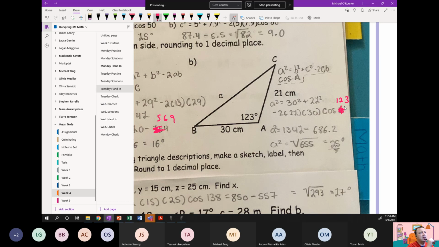I got a positive 686, not a negative 686. So that would be a plus. Yes, yeah. Okay, I'll fix that.